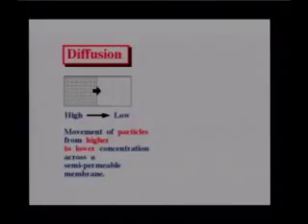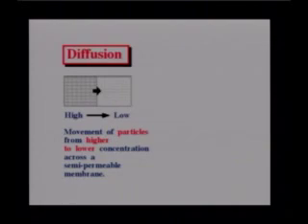Diffusion, you learned in school, was the movement of particles from an area of higher concentration to one of lower concentration across a semi-permeable membrane. So if you look at that picture, you'll note that there's little tiny dots there. And you see the arrow, they move across the semi-permeable membrane to an area where there's not very many dots.